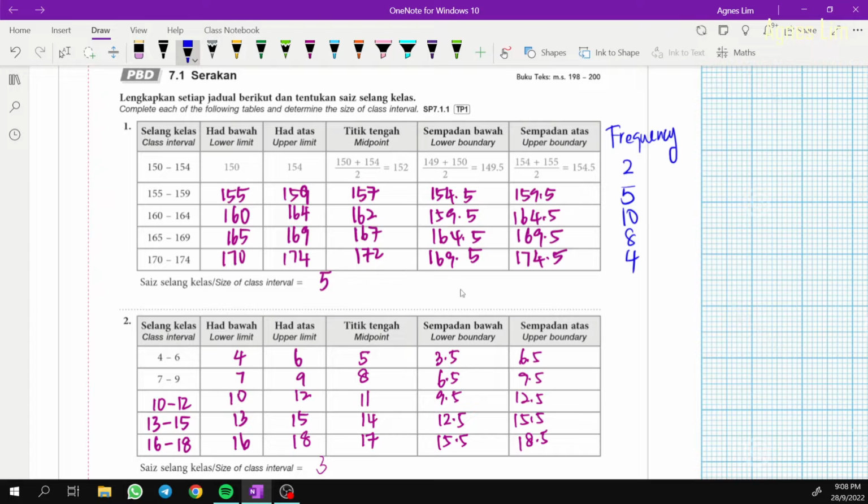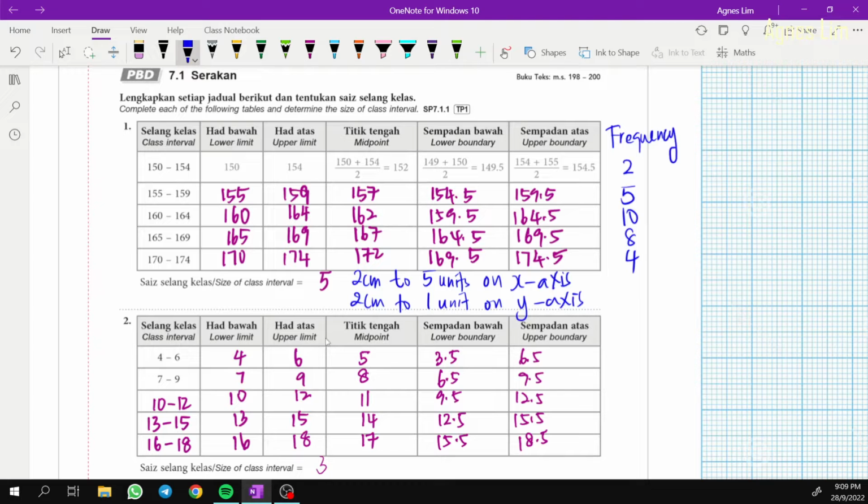Of course we will need our scale, so assuming that we're gonna use this one, 2 centimeter to 5 units on x-axis, and then 2 centimeter to 1 unit on y-axis. So this is the scale that we are going to use.